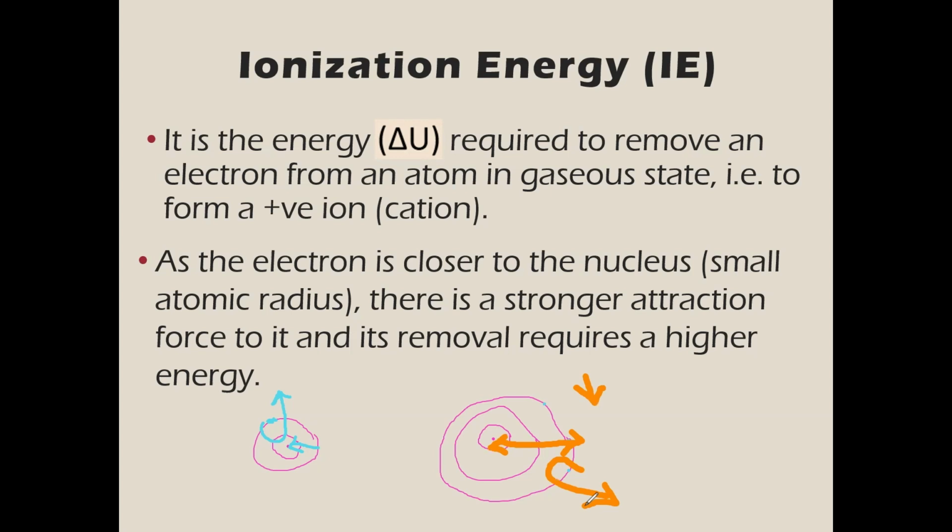While if the atomic radius is smaller, electrons are closer to the positive nucleus, and then the attraction force will be higher between the nucleus and the electrons. And as the attraction force is higher, it will be harder to remove an electron, and the process will require more energy.